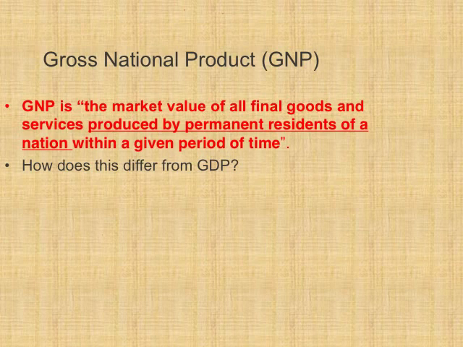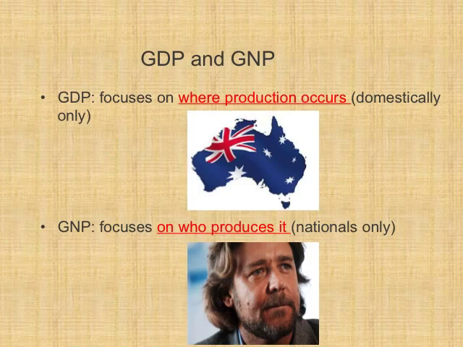It is the market value of all final goods and services produced by permanent residents of a nation within a given period of time. How do the two measurements differ from each other?